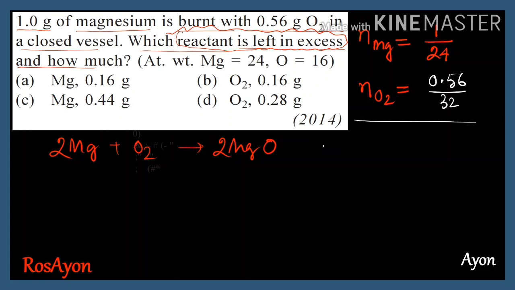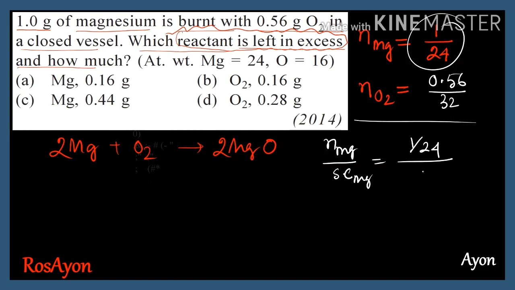Now determine the number of mole of magnesium divided by its stoichiometric coefficient, that is 1 divided by 24 divided by 2, which is equal to 0.02 something.